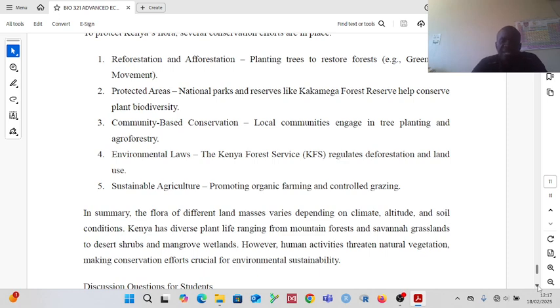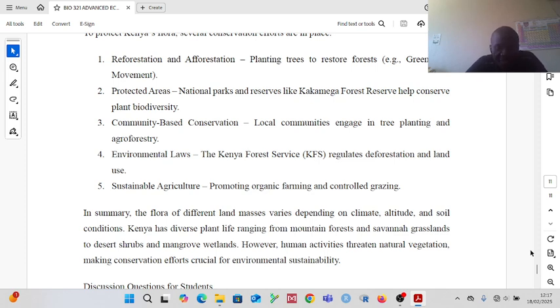Okay? So in summary, the flora of different land masses will vary on the basis of climate of that particular landmass, the altitude of that particular landmass, and the type of soil that that particular landmass has.